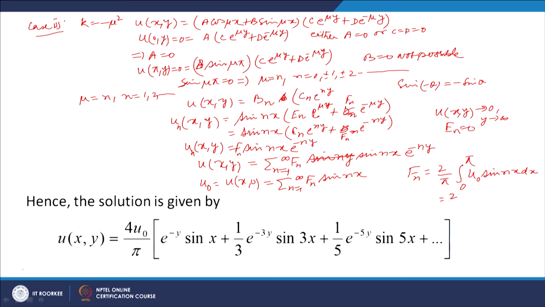Okay, so we can integrate this. 2 u naught is constant, this is minus cos(nx) divided by n, between pi and 0. So, we get 2 u naught over n pi times 1 minus cos(n pi).